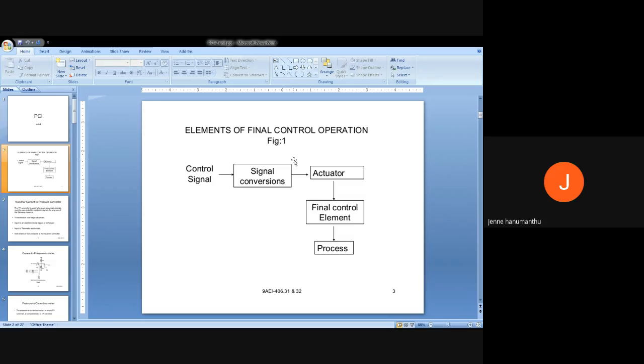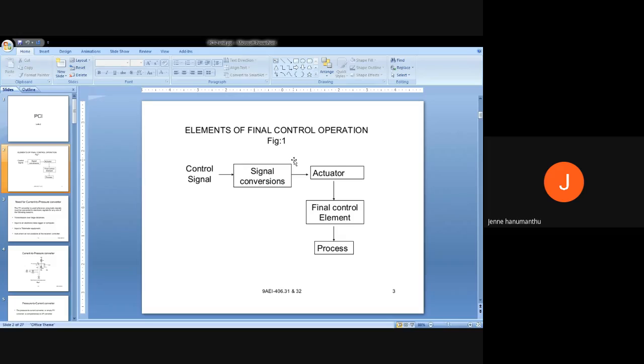signal conversions. Basically, any type of signal, maybe electrical or non-electrical, may be converted into non-electrical or electrical as per our requirements. So we have to use a suitable signal converter. This process can be done with the help of available transistors, right?